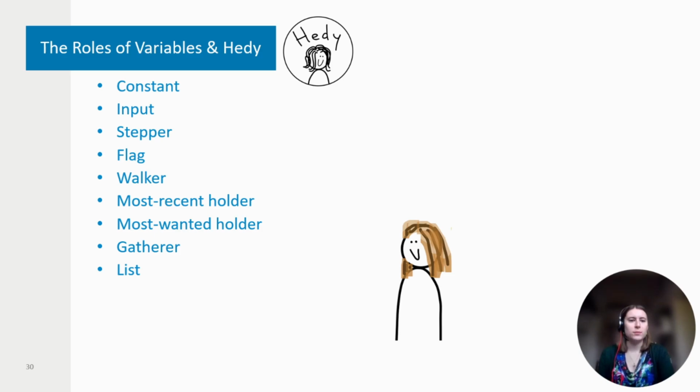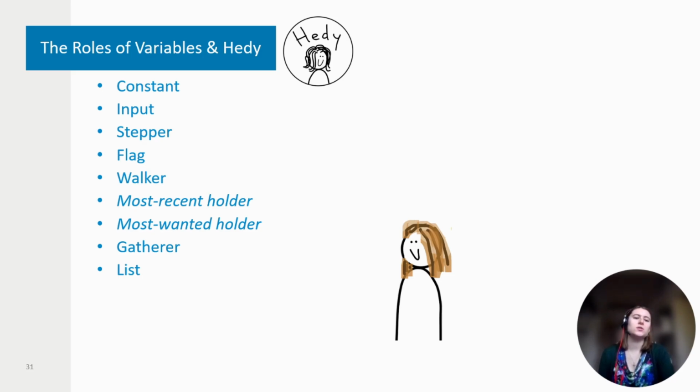And then finally, the most recent and the most wanted holder are both possible to use with the Hedy language, but they do not appear in any of the content of Hedy. So when we look at all the examples and explanations and exercises given, the most recent and most wanted holder do not appear.